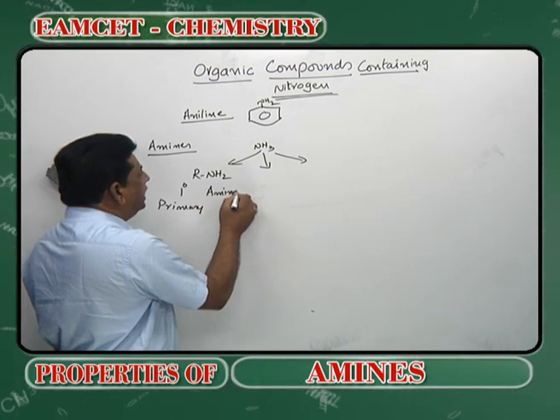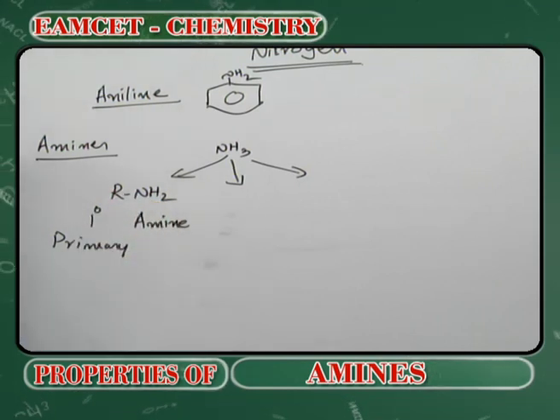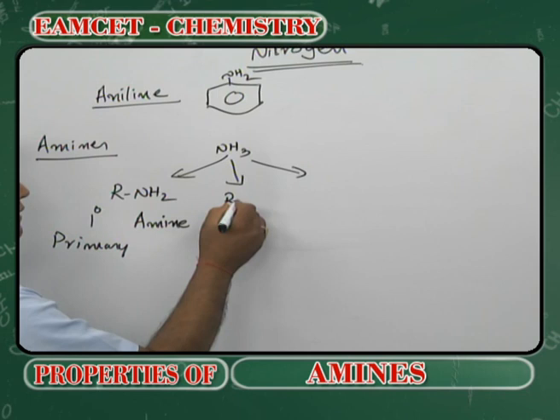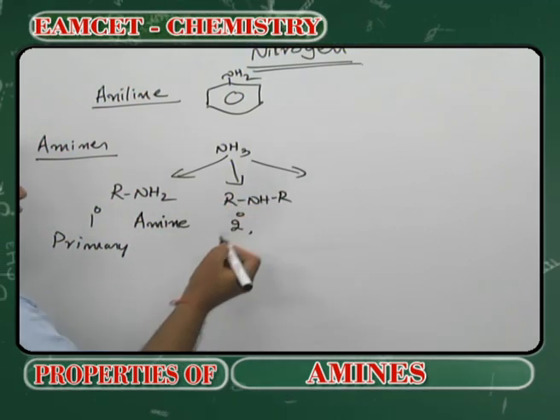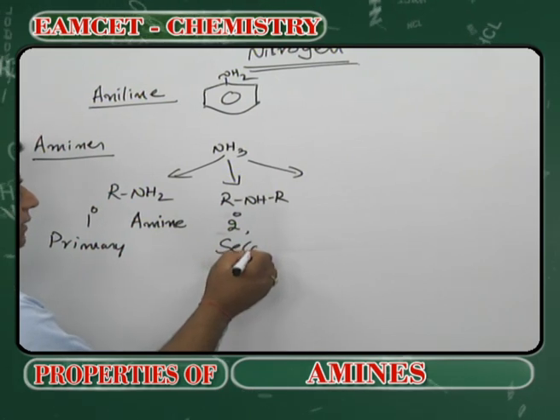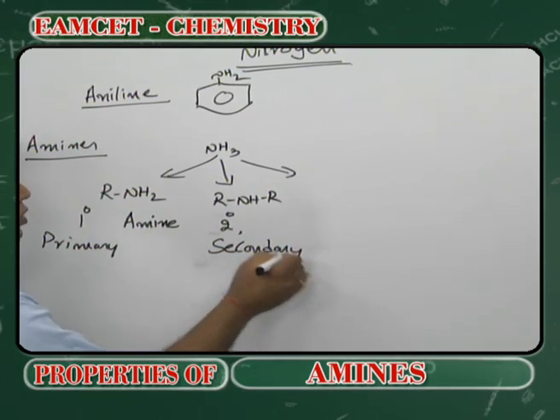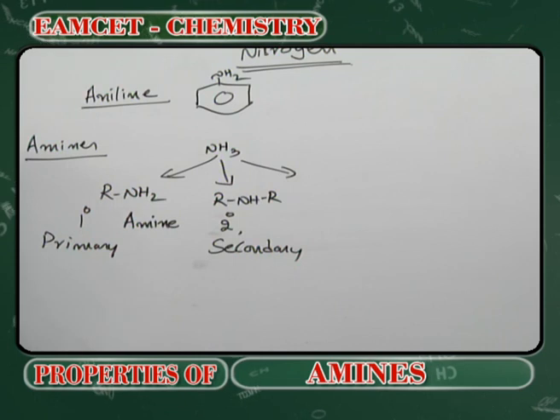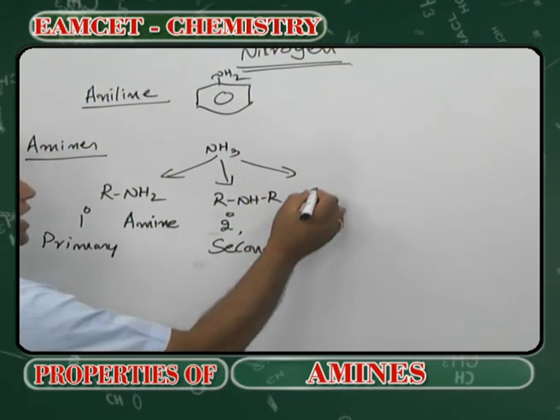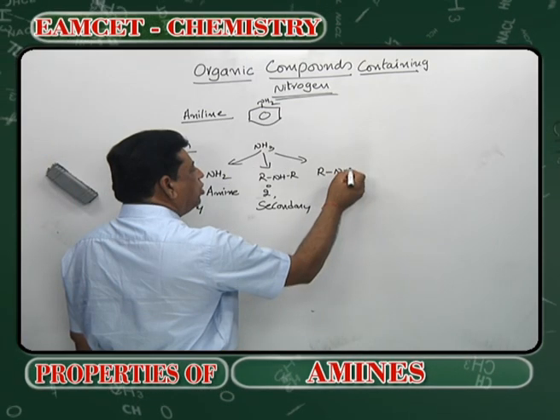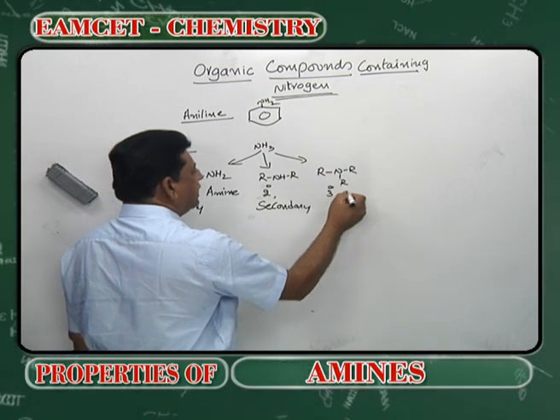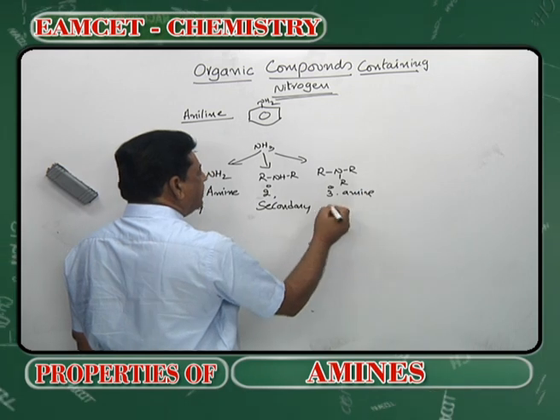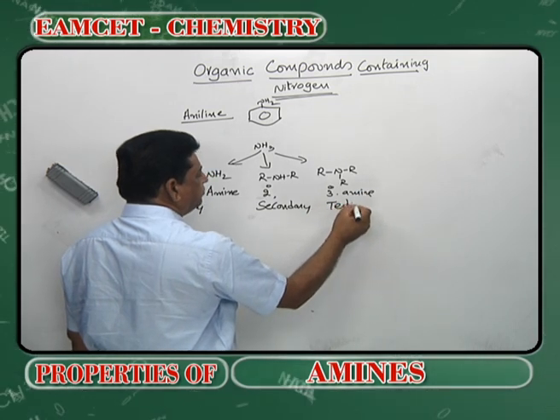If 1 alkyl and the rest 2 hydrogens are there, such amines are called 1 degree amines. If 2 R's are there, only 1 H will be there, that is called 2 degree or secondary amine. 2 alkyls, 1 N, 1 H. If 3 R's are there, no hydrogen will be there, such an amine is called 3 degree or tertiary amine.